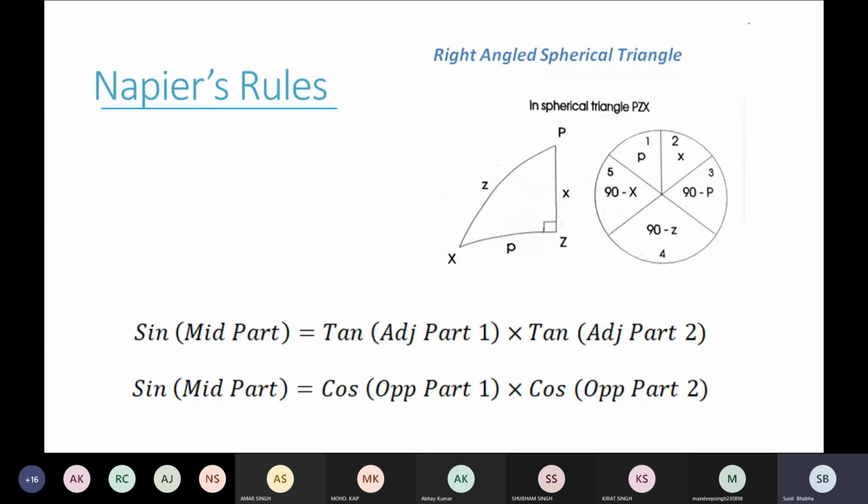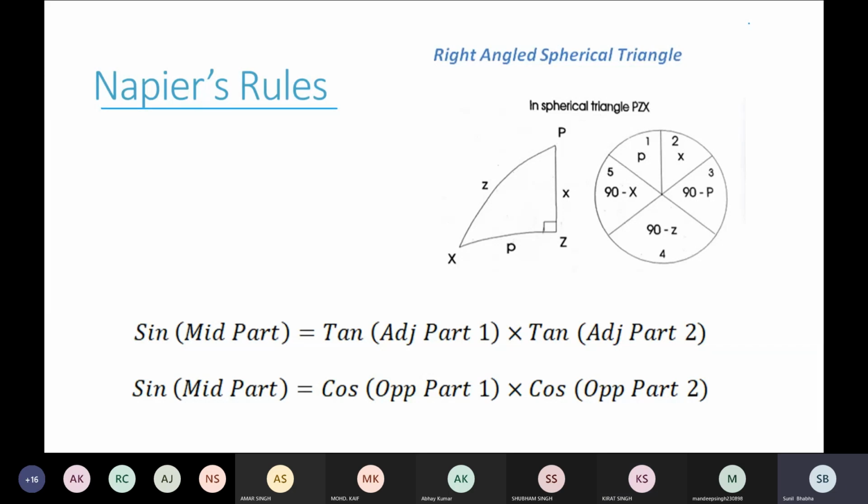Now, what does Napier rule say to us? Napier rule tells us that in any special spherical triangle, meaning having a 90-degree part, that is the speciality, if you know any two things other than the 90-degree part, 90 डिग्री वाले पार्ट को छोड़ के अगर आपको उस ट्रायंगल में कोई भी और दो चीजें पता है, it could be two sides, it could be two angles, it could be one side and one angle, कुछ भी हो सकता है ये.